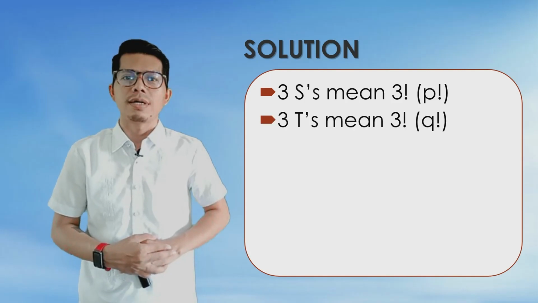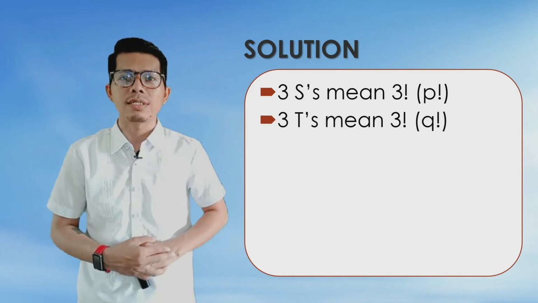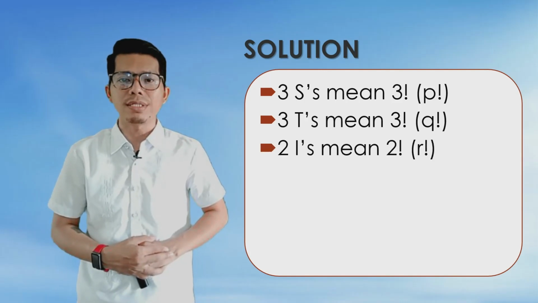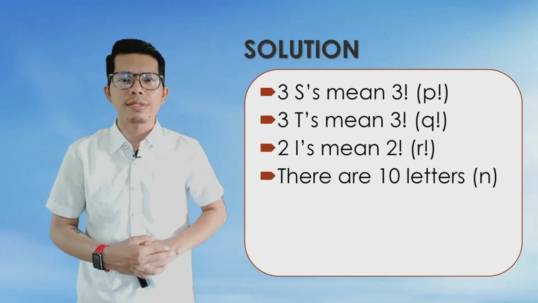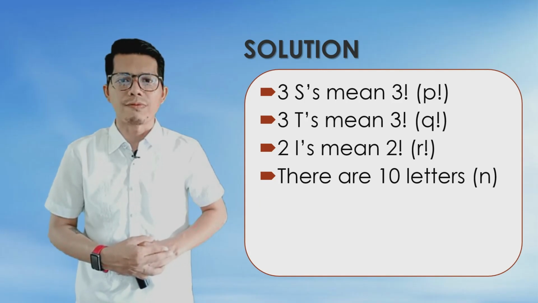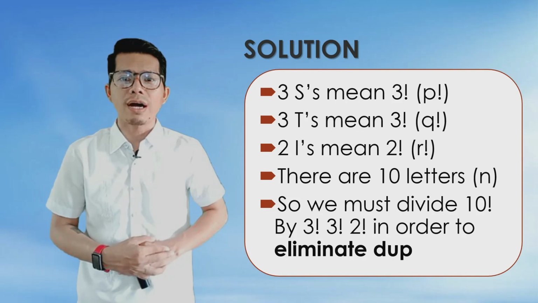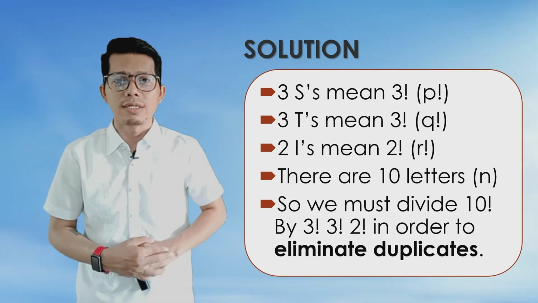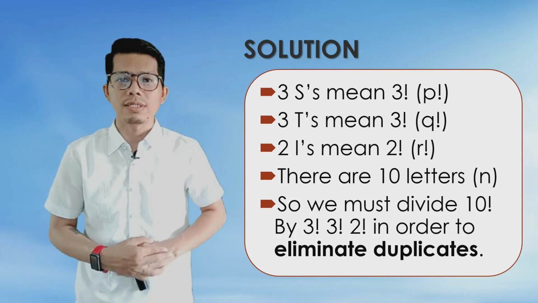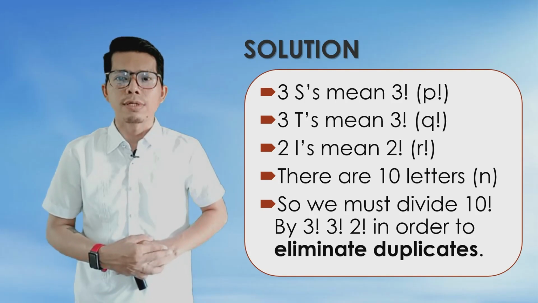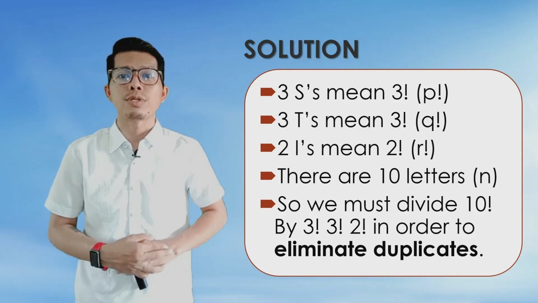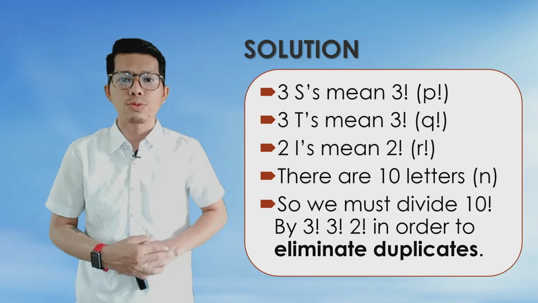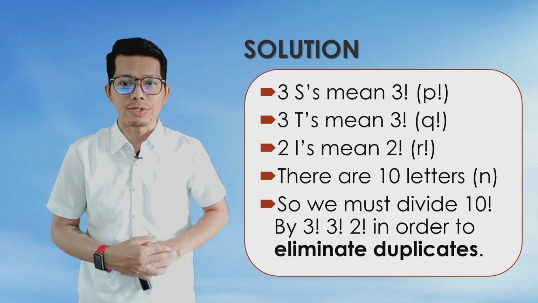Then 3 T's mean 3 factorial, and 2 I's mean 2 factorial. And there are 10 letters, therefore the value of n is 10. To solve this, we have to divide 10 factorial by 3 factorial times 3 factorial times 2 factorial to eliminate the duplications.